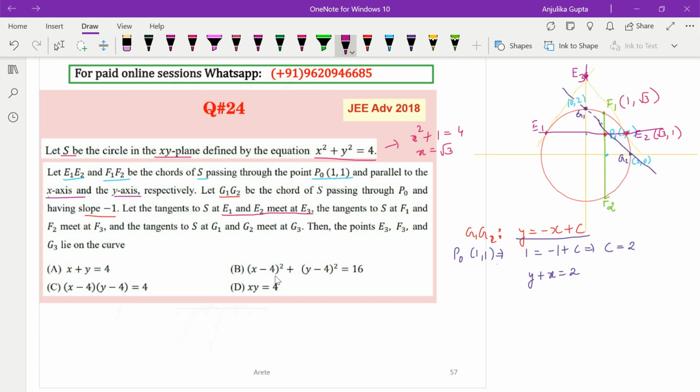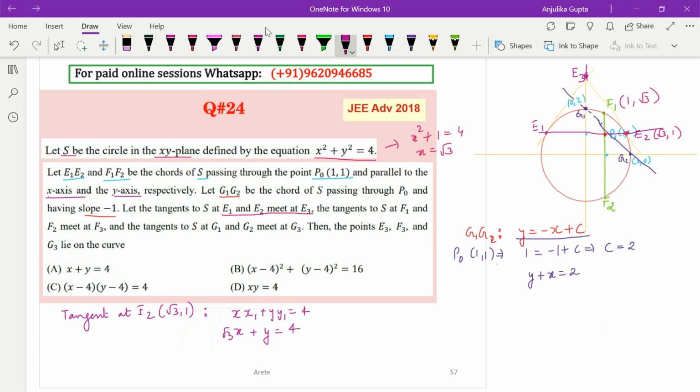Okay, can you try doing that first? Okay, what is the tangent at E2? Okay, can you write the equation of the tangent at E2? Okay, the E2 point we already know, root 3 comma 1. Okay, the point form of the tangent, how does it look for this circle given? x x1 plus y y1 is 4. Okay, and this is the point. So instead of x1 you are going to write root 3 and instead of y1 you are going to write 1, this.